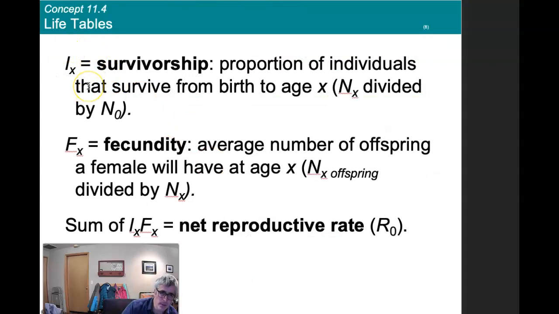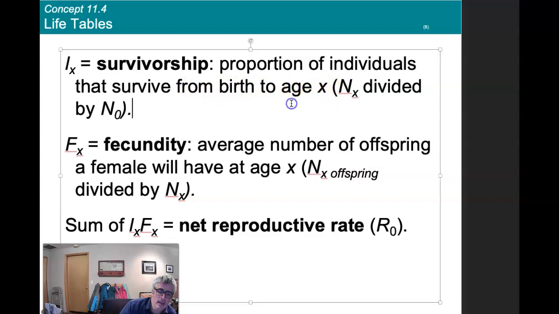So we'll look at these terms independently again. So lx is survivorship, the proportion of individuals that survive from birth to age x. And this is, again, the number of that age, 3, 4, 5, divided by N at 0.